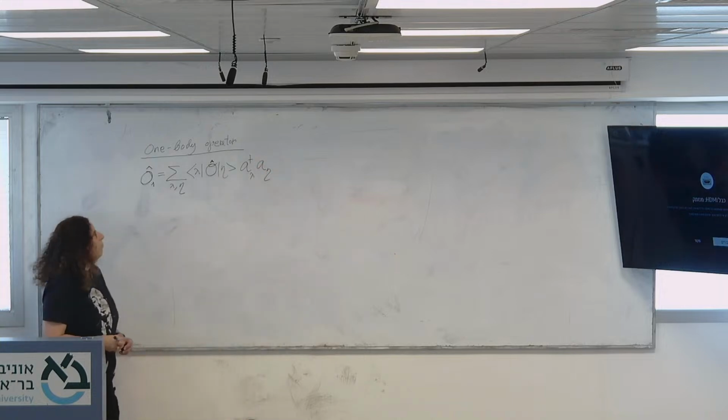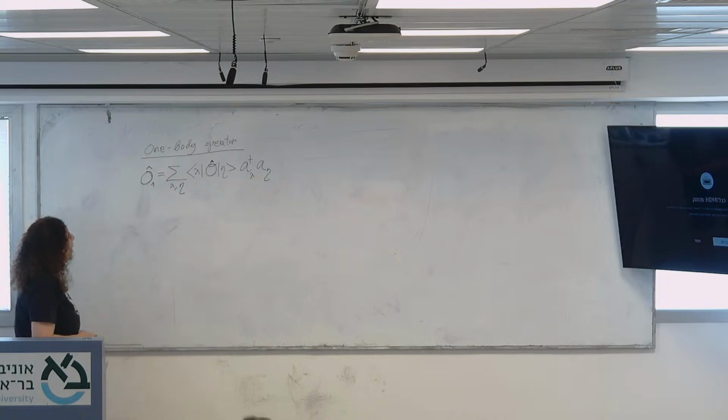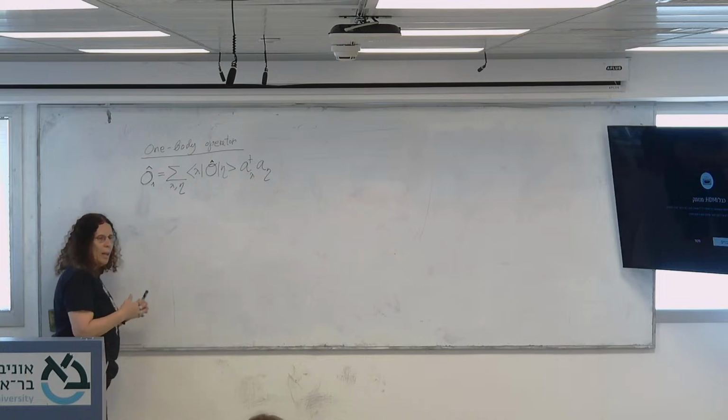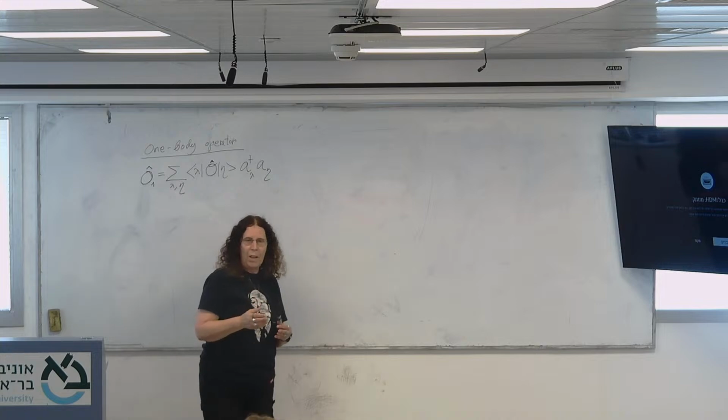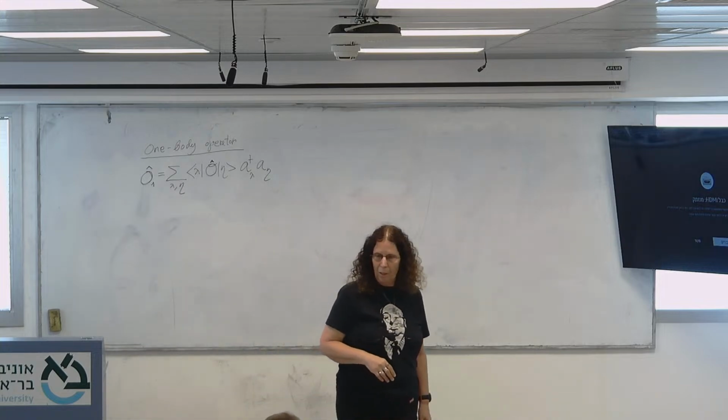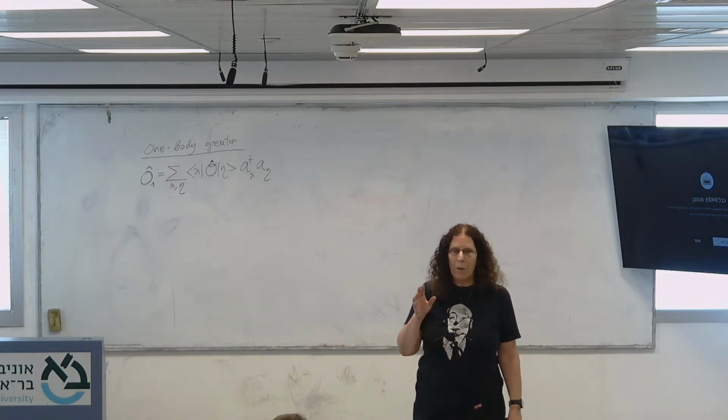Okay? And here the lambda and eta are indices that represent some quantum number. Okay? And the quantum number can be anything.